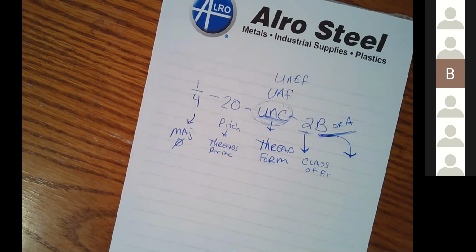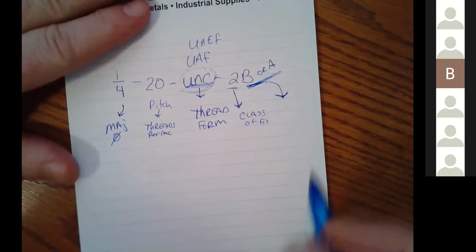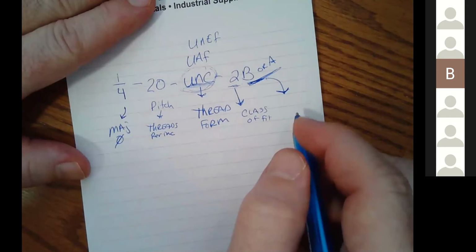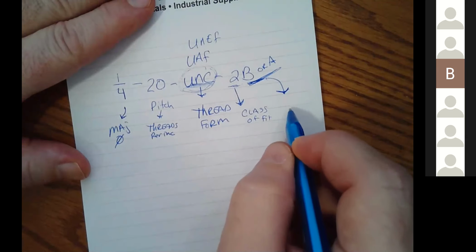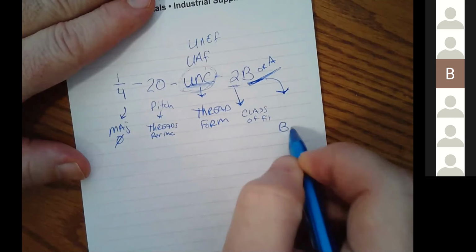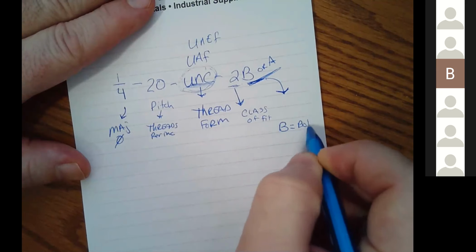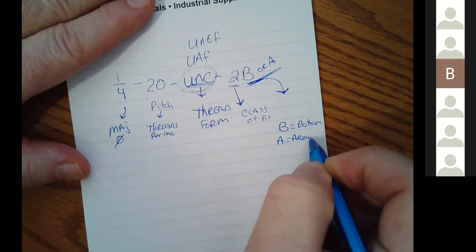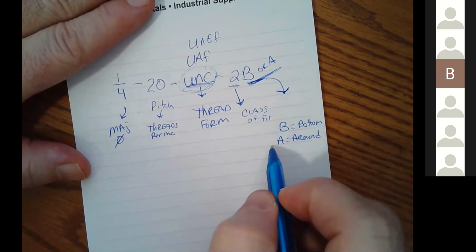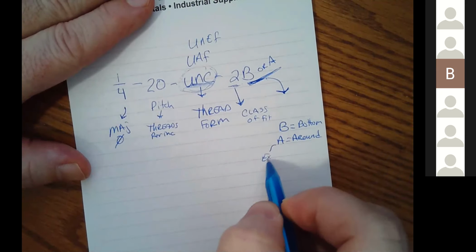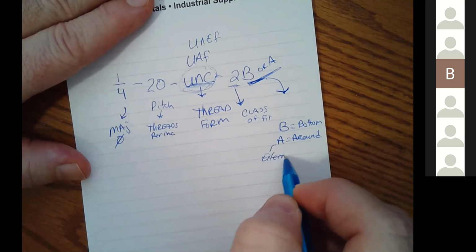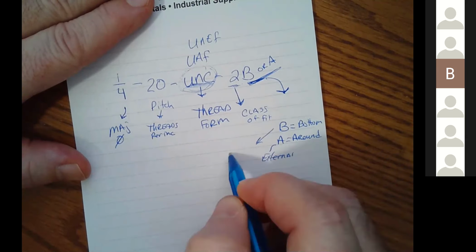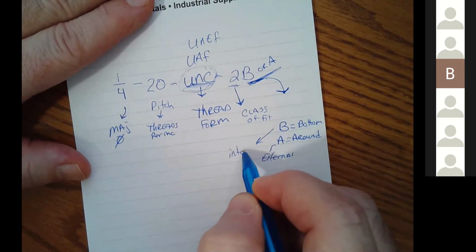Yes, it tells us whether it's external or internal. And remember, this is only true for me, I'm the only one who says this: B equals bottom, A equals around. So A is going to be external, and B is going to be internal.